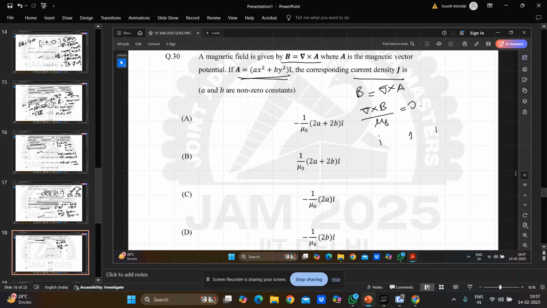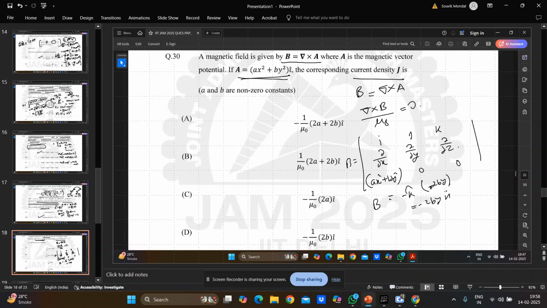So i, j, k, del x, del y, del z, and there is a x square plus b y square, 0, 0. So B is minus k hat; you can find that the j component will be 0, so it is minus 2by, that is minus 2by k hat. If you again do del cross B, I am not doing that, but you can obviously do it, so this will be the answer.